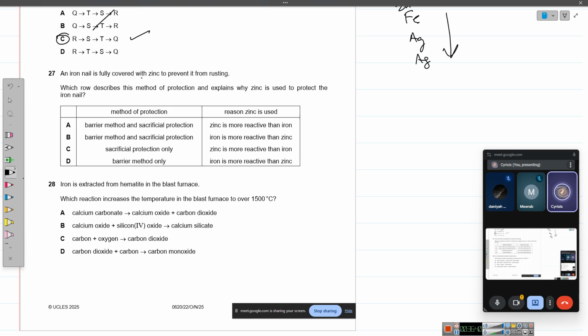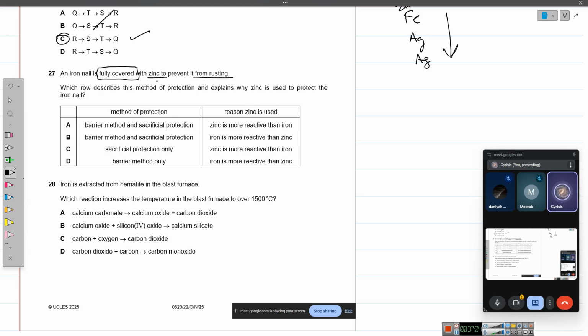An iron nail is fully covered with zinc, preventing it from rusting. Which option describes this method of protection? Explain why zinc is used to protect the iron nail. Right, the method of protection: barrier method and sacrificial protection. Sacrificial protection only, right? It is fully covered. Remember, there are two things. It is fully covered, so it is giving you a barrier method as well, right?